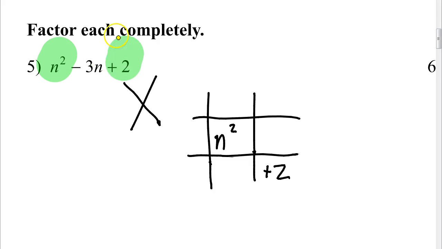Okay. The first and last multiply to 2n to the second, and then the middle is -3. And if you figure out these two numbers, what adds to this bottom multiplies to the top, that's what goes in these two spots. So what multiplies to 2 and adds to -3?